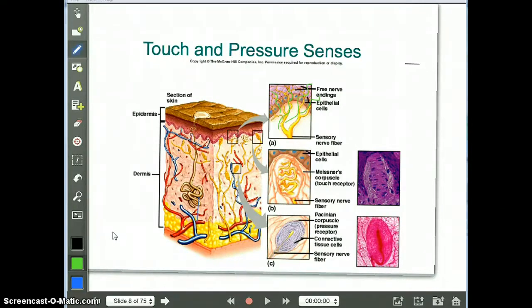Now, just below that epithelial, in the dermal layer, you're going to have these larger masses of receptor cells. Those are the Meissner's corpuscles, typically in hairless regions up near the surface because they detect light pressure. Further down, you're going to have bigger ones. Those ones are going to be undergoing heavy pressure. Understand those are the Pacinian corpuscles. Okay.